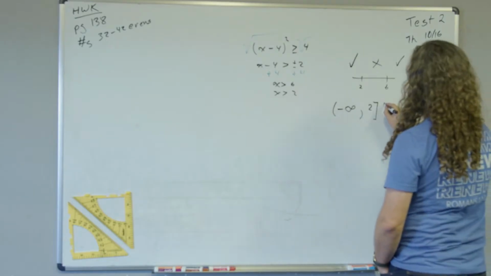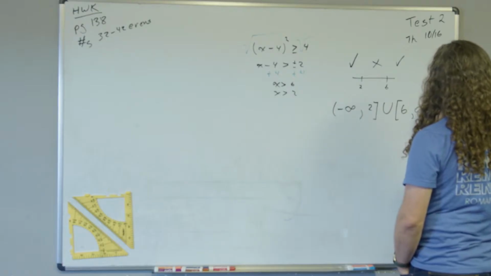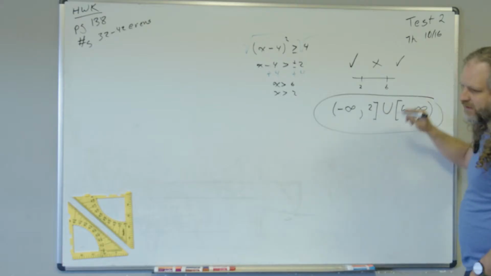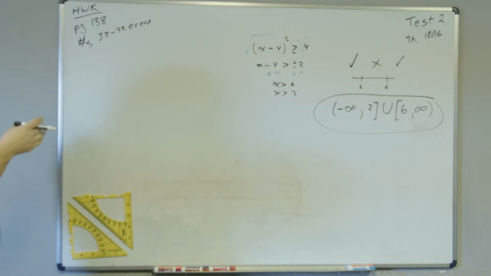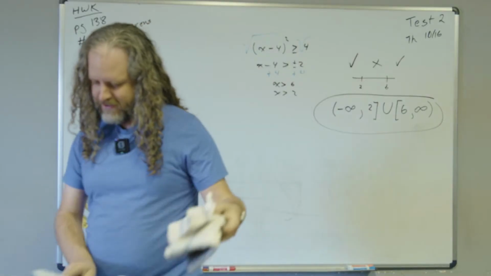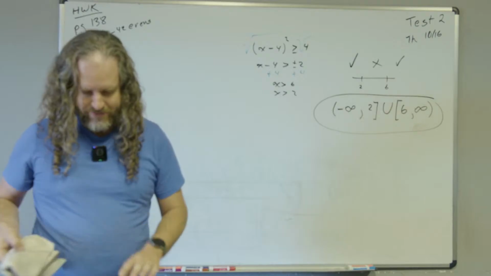Unioned with 6 to positive infinity. If you want to write these in set builder notation instead, that's totally fine. Either one is fine as long as you do it correctly, as long as our answer is a member of the real numbers. Because if it's not, you can't do interval notation.